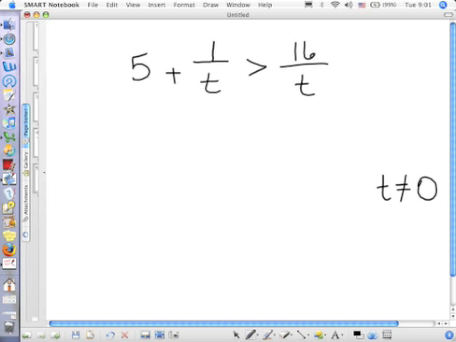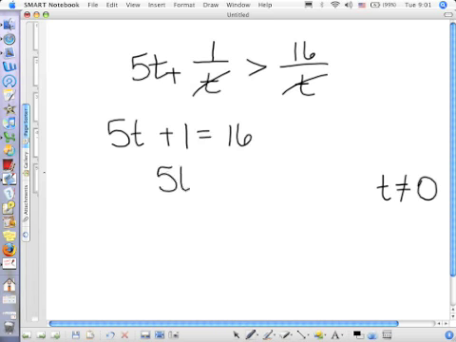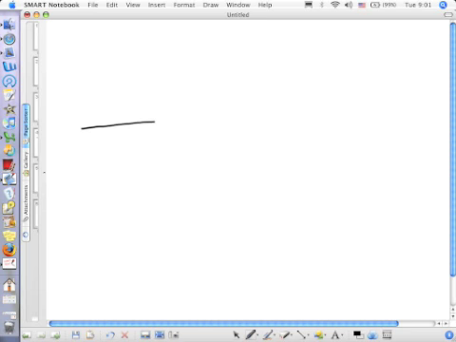The common denominator is t, so I'm going to multiply by t, t, t, and I'm solving it as an equation. Subtract 1 from both sides. Divide by 5. My other circle is on 3. But can it equal 3? No, there's no equal to symbol. So it's an open circle on 0 and 3.